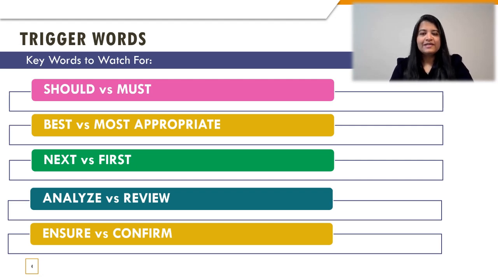For example, if I say the project manager should update the stakeholders based on the communications management plan, that is a recommended action from a project manager's task perspective. But if I say the project manager must obtain formal approval for a project, that is a mandatory process that needs to be done as part of the project manager's task.